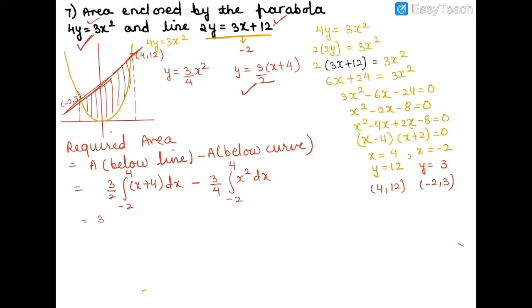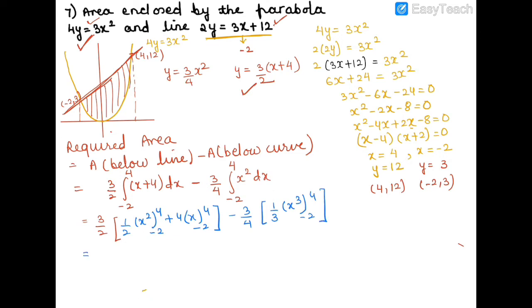Let's see, 3 by 2, and this part is x square by 2, so I'm writing it as half x square, limit is minus 2 to 4, plus 4x, limit is minus 2 to 4, minus 3 by 4 and x cube by 3 and minus 2 to 4.